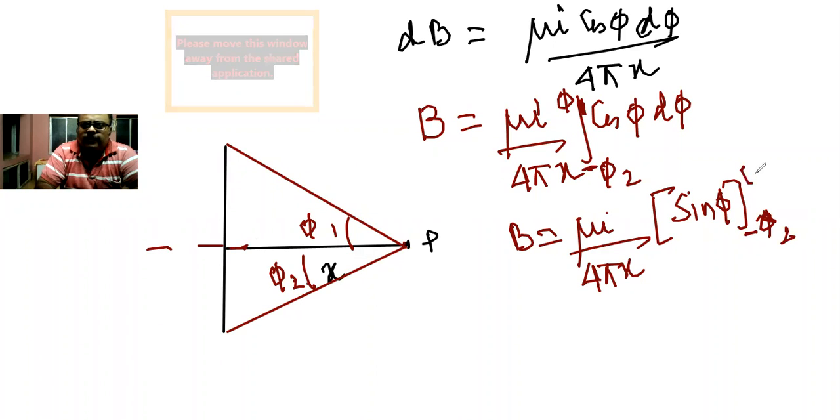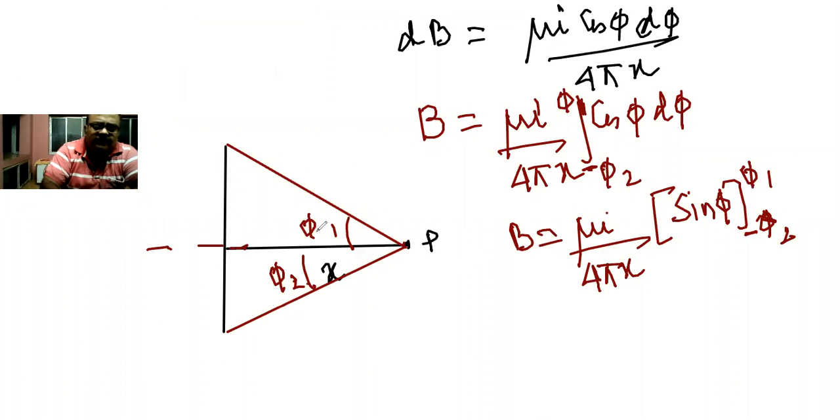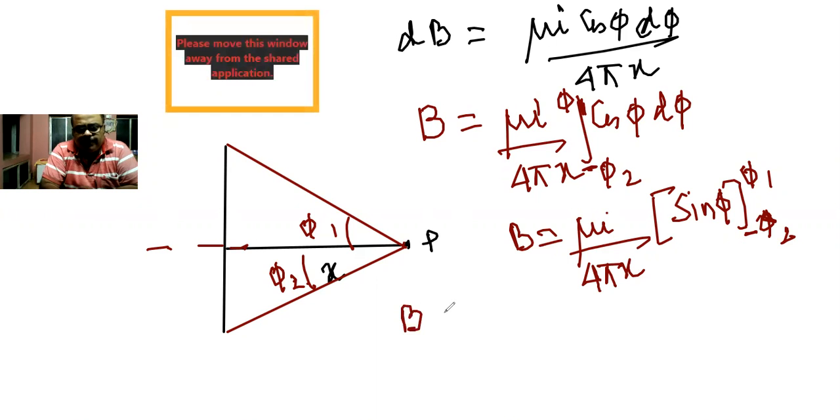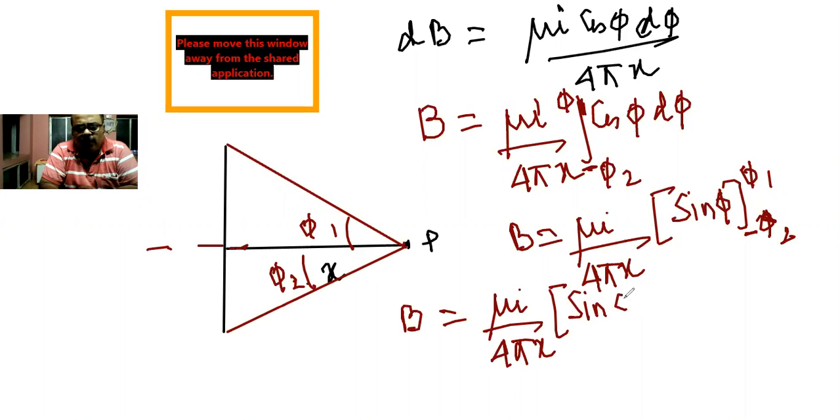It will be minus phi 2 and this will be phi 1. Why is this positive? Because this is above the reference axis, and this is below the reference axis. So one I am taking as minus and the other as plus. So B is equal to mu I by 4 pi x. This will be equal to how much, children? This will be equal to sine of phi 1 minus sine of minus phi 2.